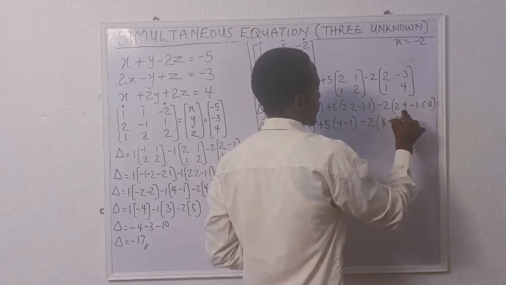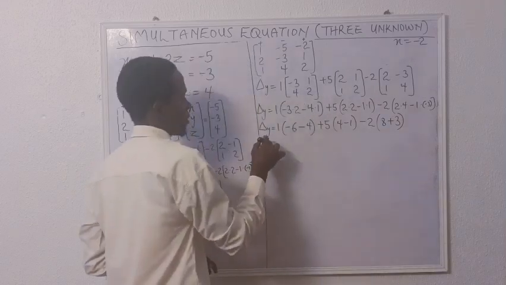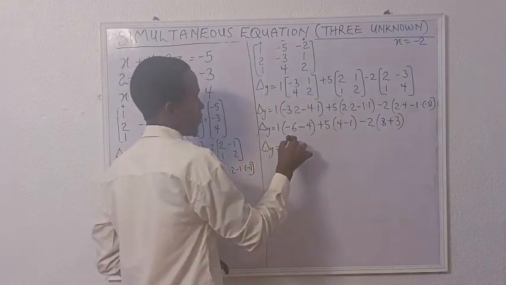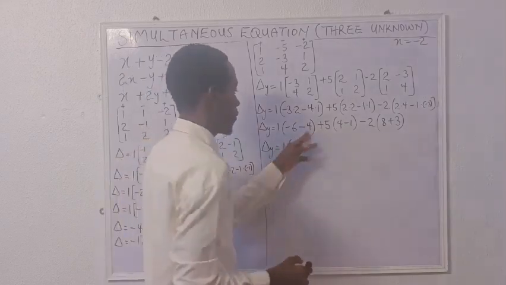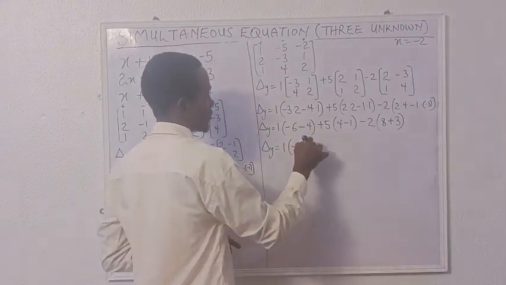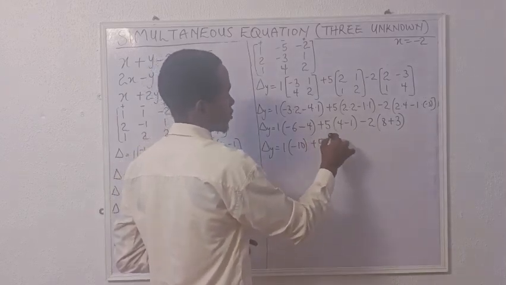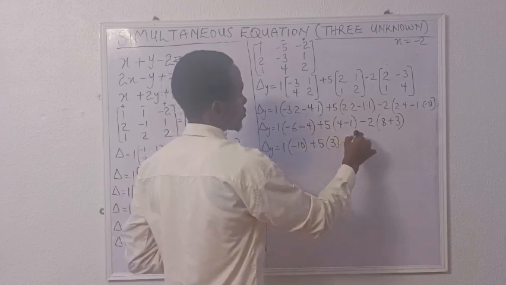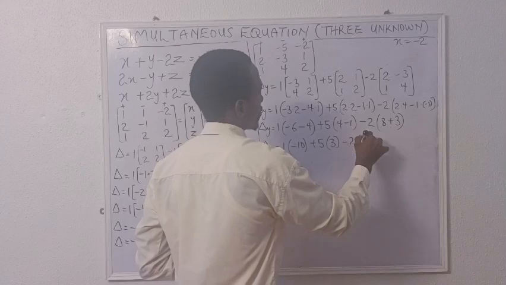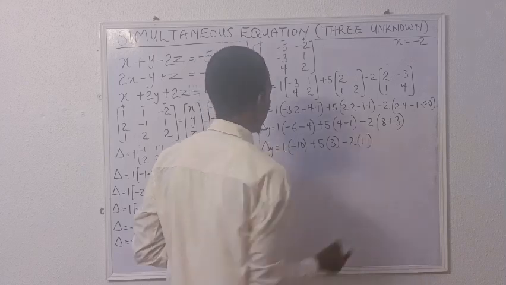Plus 3. So my delta Y continues as 1 bracket minus 6 minus 4, so 1 in the bracket gives us minus 10, plus 5 bracket 4 minus 1 is going to give us 3, minus 2 bracket 8 plus 3 is going to give us also 11.